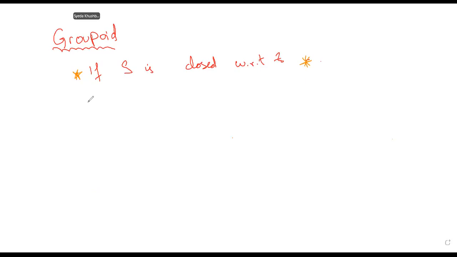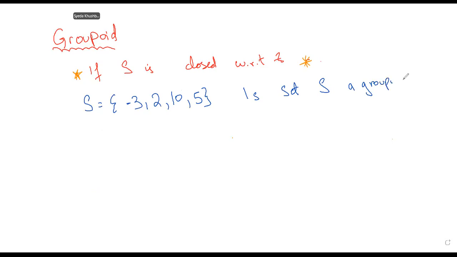So the question is, let's say set S has -3, 2, 10, and 5. Then is set S a groupoid with respect to addition?